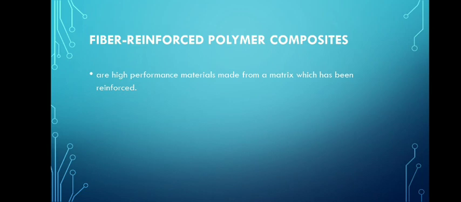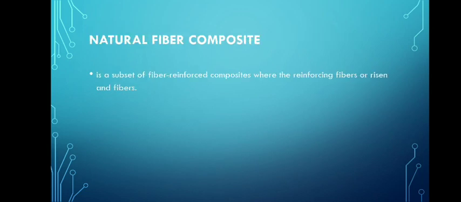The fiber in turn provides strength and stiffness to reinforce the matrix and resist cracks and fractures. Natural fiber composite is a subset of fiber reinforced composites, where the reinforcing fibers or both the resin and fibers are derived from renewable or natural resources such as wood or plants.